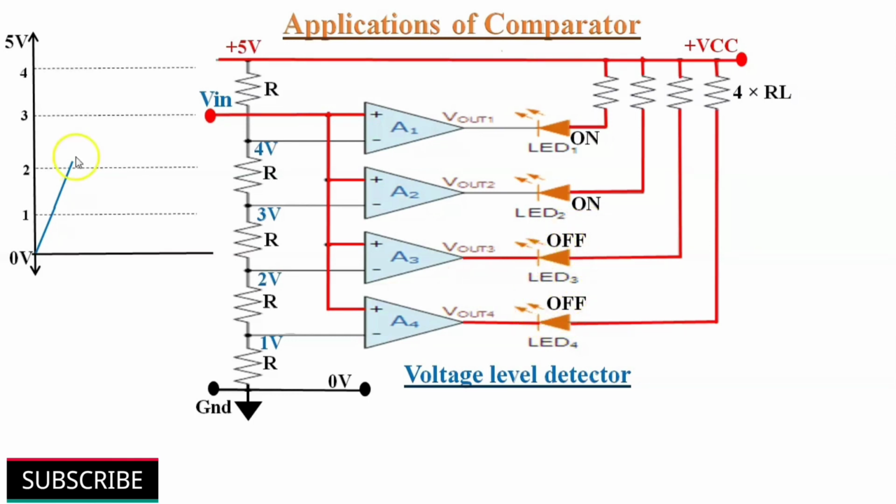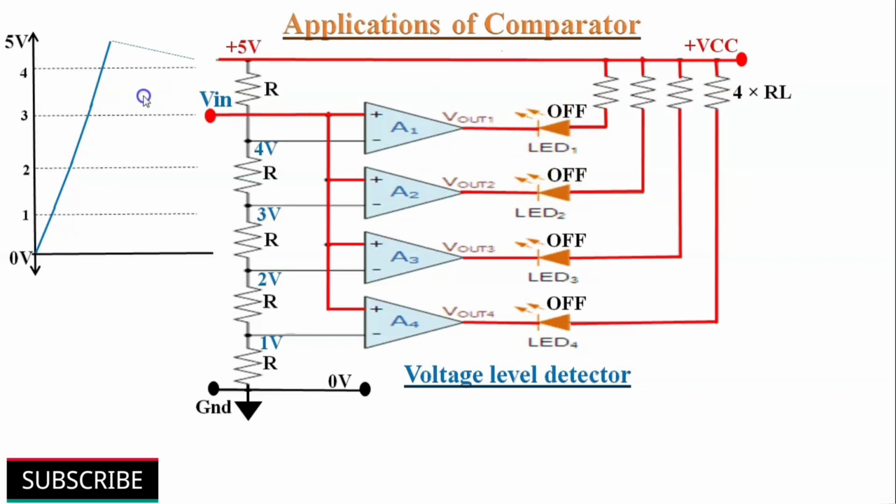When the input voltage is greater than 3 volts, then comparator A2 output will also become high. So LED 2 is also off along with LED 3 and 4. And when input voltage is greater than 4 volts, then comparator A1 output becomes high. So all LEDs will be switched off.